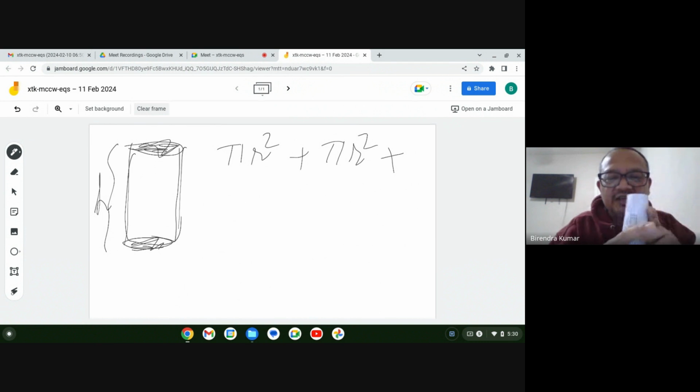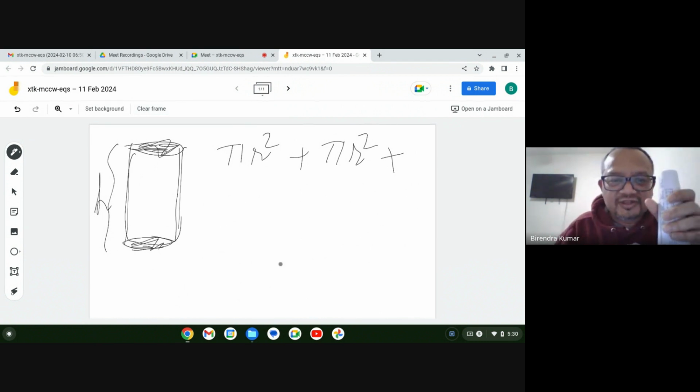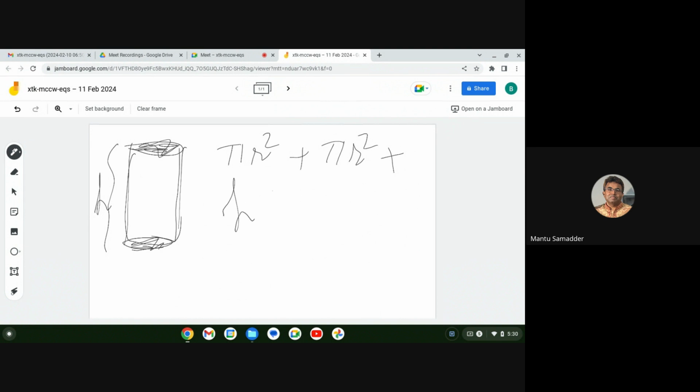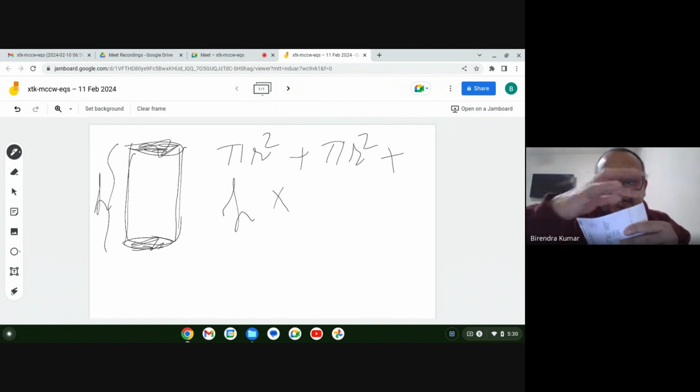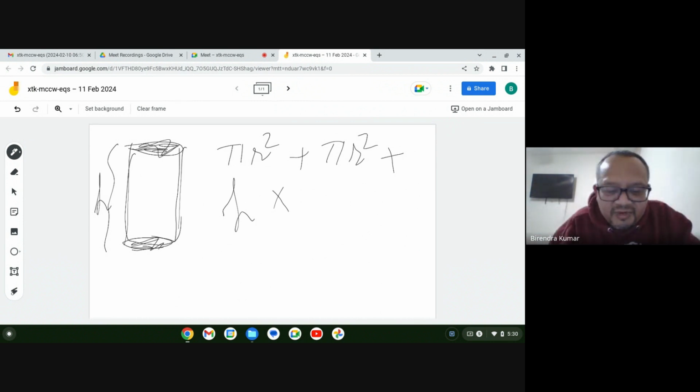This is nothing but the height of the cylinder. This here to here is the height of the cylinder. And the other side was the perimeter. See, this perimeter became one side. What is the perimeter here? 2 pi r.